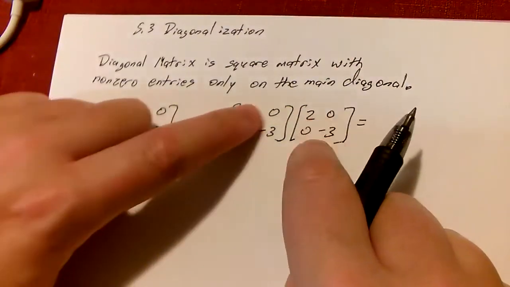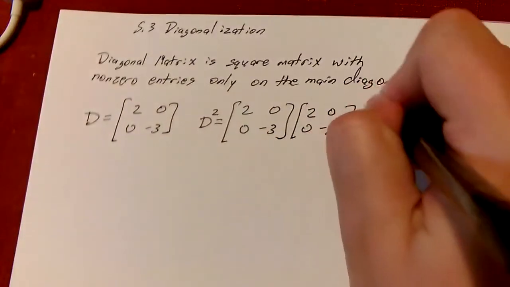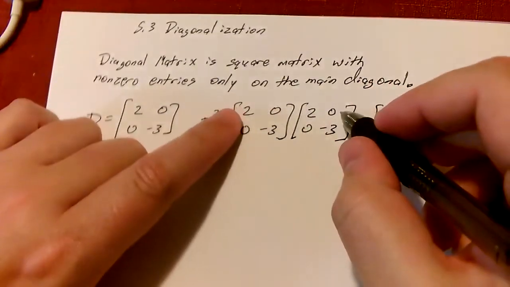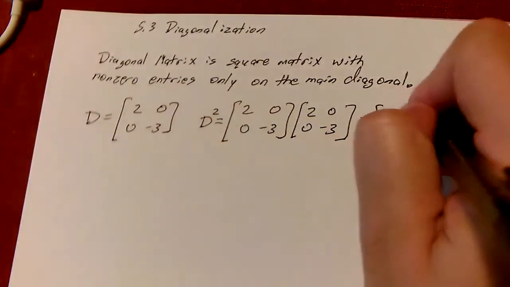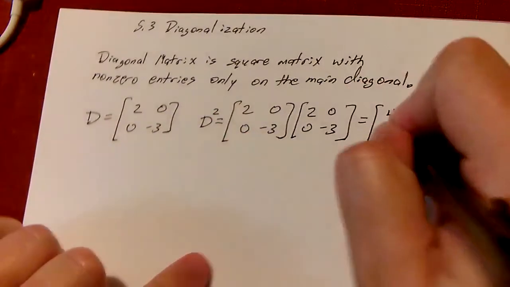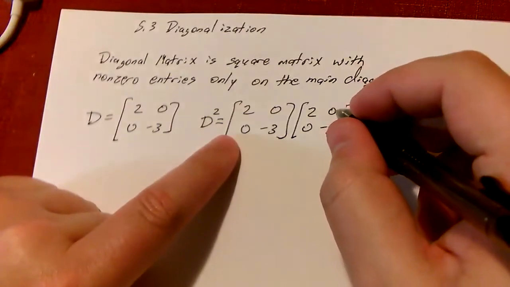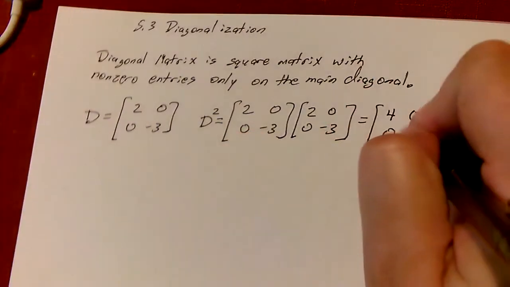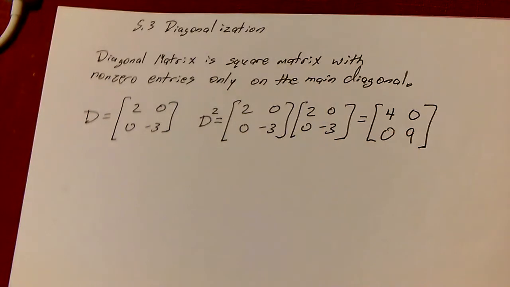So 2 times 2 is 4 plus 0. So I get 4. Across and down again, 0 and 0 is going to be 0. And then second row, second column is going to be 0. And then -3 times -3 is 9. -3 squared gets us a positive 9.